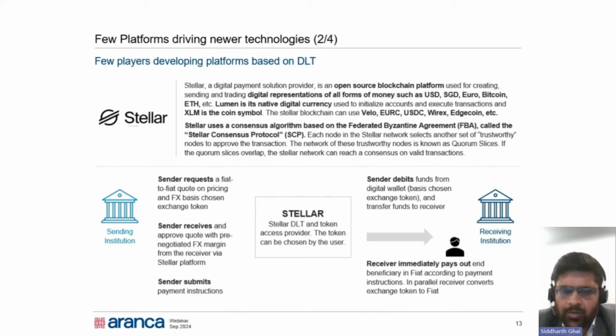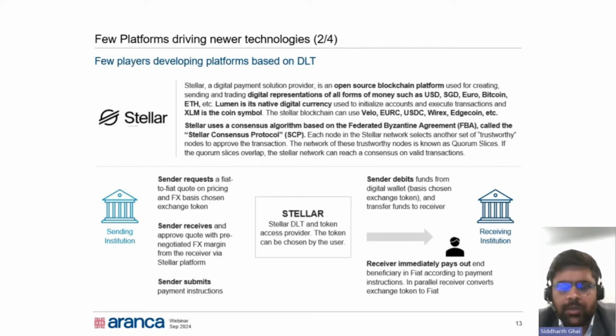So here it is also a very robust and tried and tested blockchain mechanism that is given by Stellar to do the transaction. So here the user has the option to choose from many of the blockchains, and the token is native to the platform.